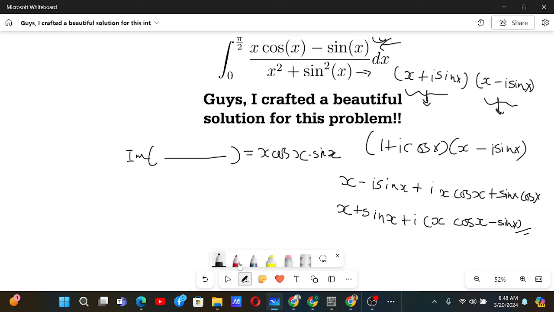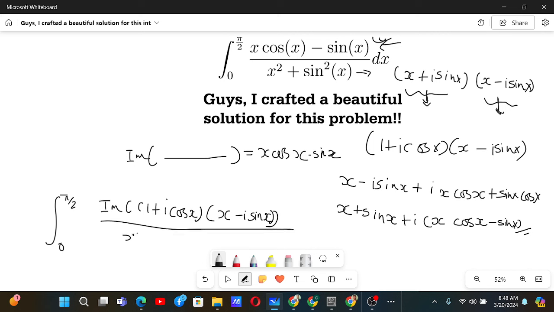So if we proceed, what do we get? Integral from 0 to pi by 2 of the imaginary part of 1 plus i cos x, x minus i sin x, divided by x squared plus sin squared x, dx.